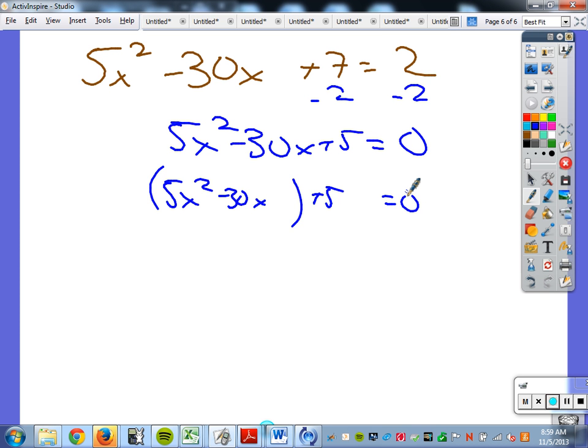Everybody there with me? Okay, what's our next step? Stuart, what would you do next, buddy? Pull out the 5, right? What is it going to become? -6x.